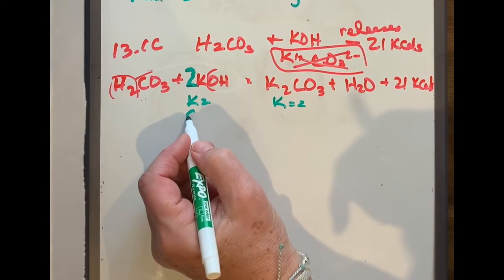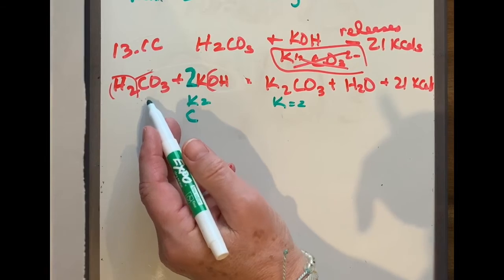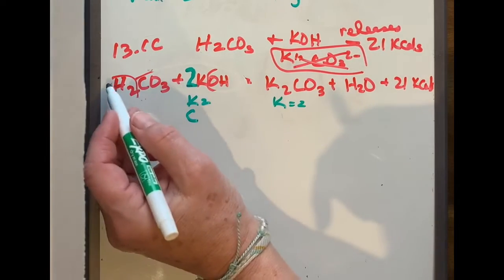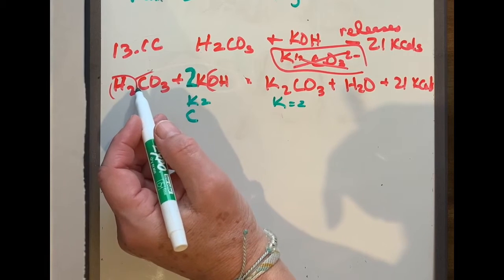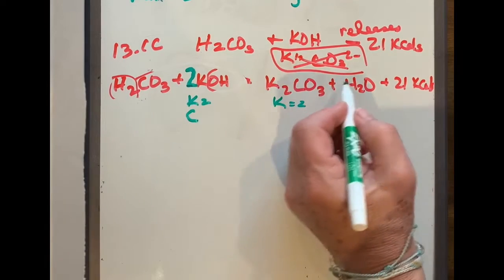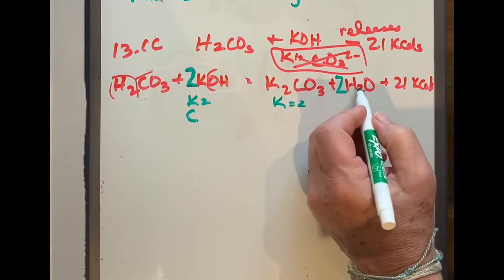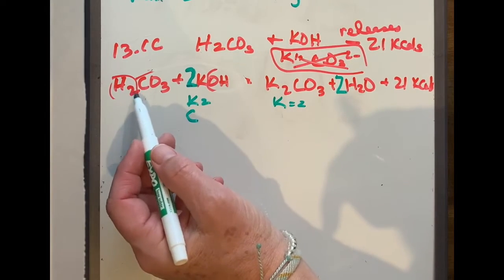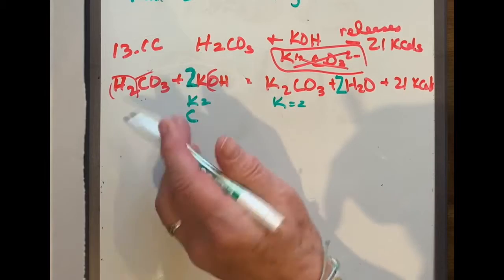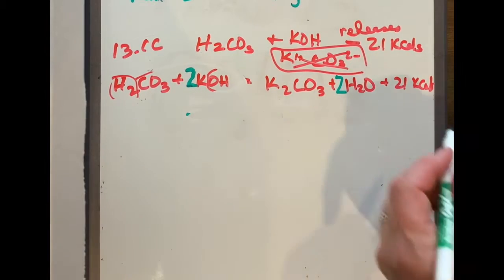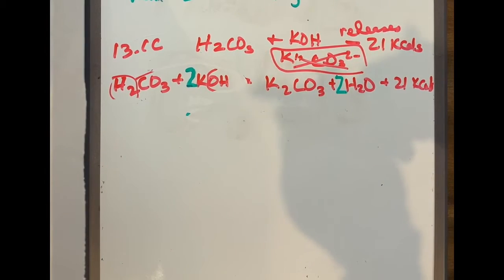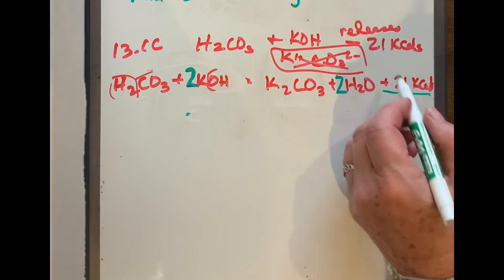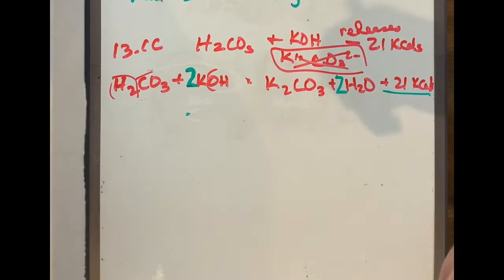Our C's can be left alone, and our O3s. And then we have an extra H2O, so we have to add our 2 here to make our extra H2O, because we have 2 OHs and 2 H2s here, right? So that gives us our balanced equation there. All right, and that means it's exothermic because it's a negative and it lands on the product side.